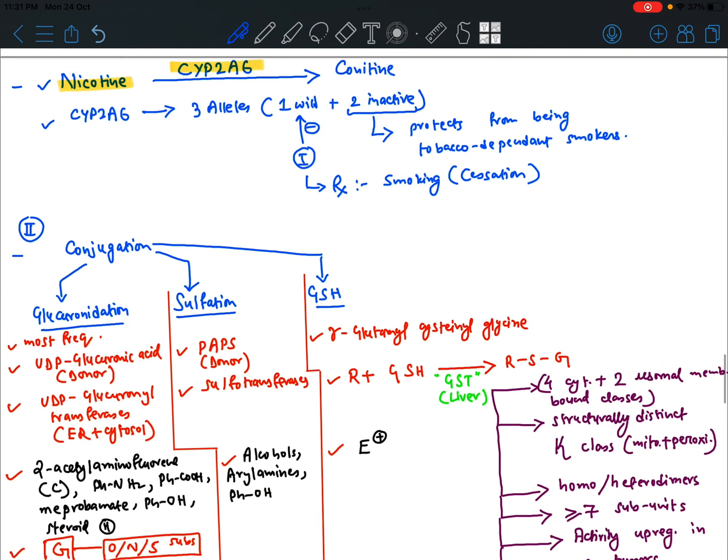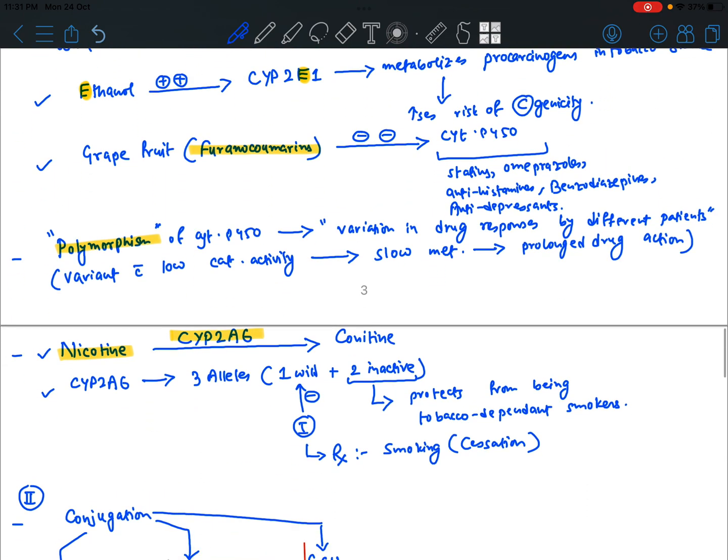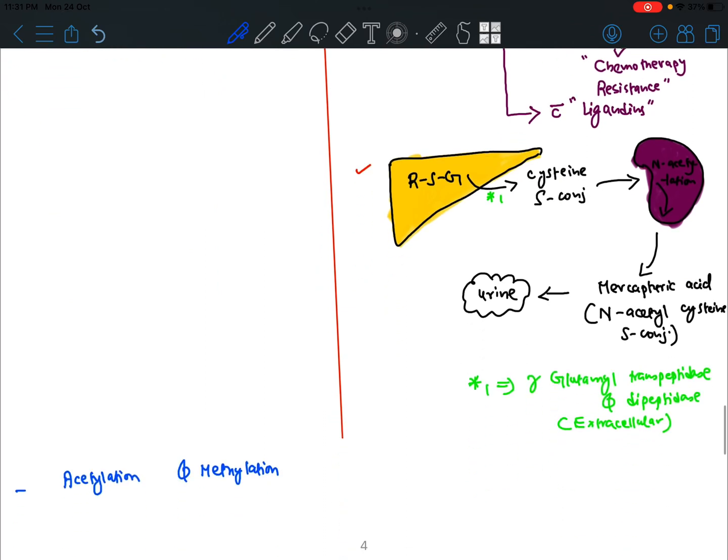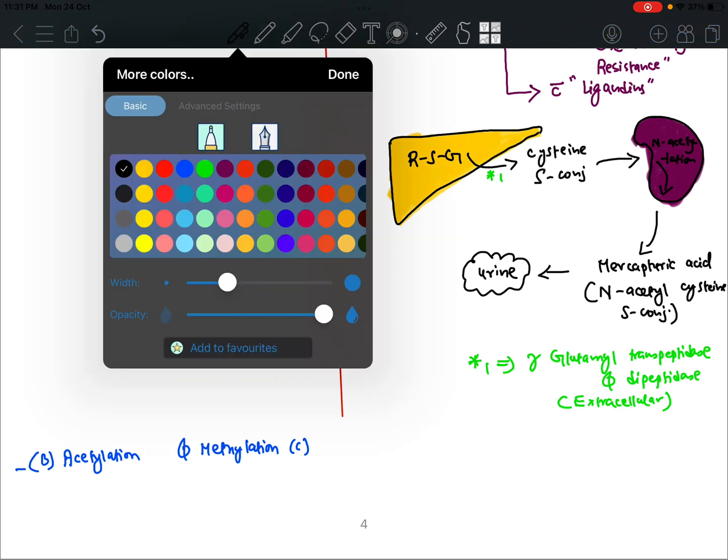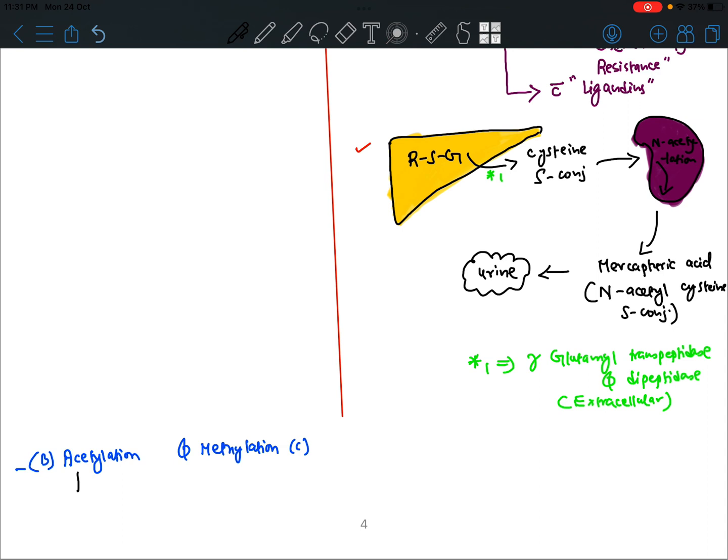We learned about conjugation, so you can say this is number A, this is number B, and this is number C. Acetylation: X plus acetyl CoA gives acetyl X plus CoA, so the acetyl donor is acetyl CoA.